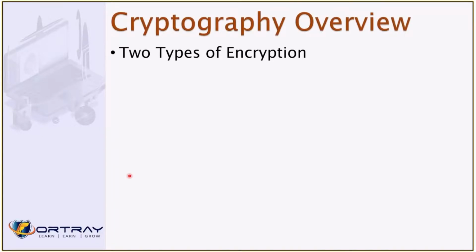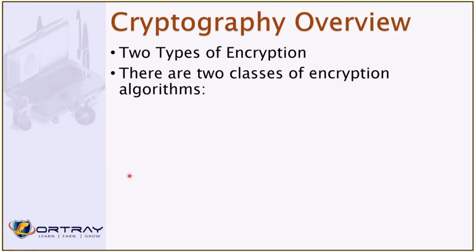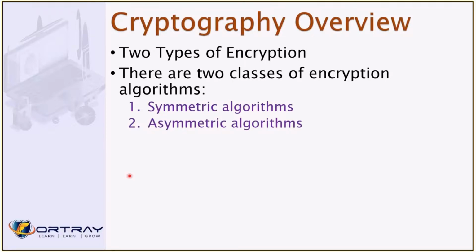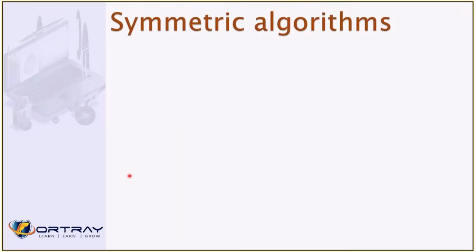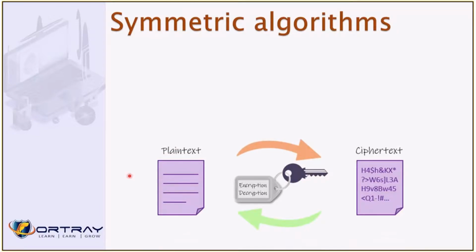Cryptography overview: two types of encryption. There are two classifications of encryption algorithm: symmetric and asymmetric, and we use them in different ways. What is a symmetric algorithm? In a symmetric algorithm, we have plain text and use one key, a shared key between the two parties.